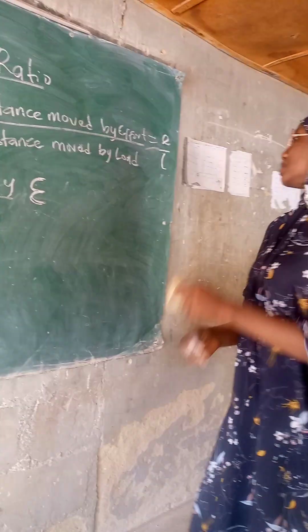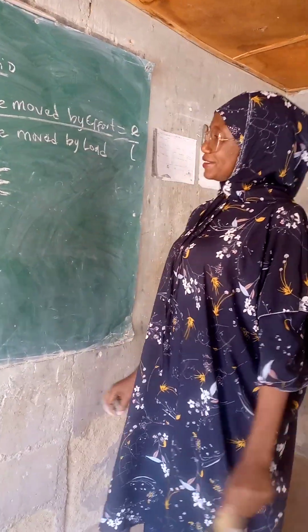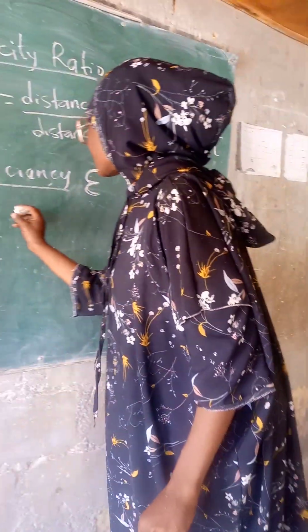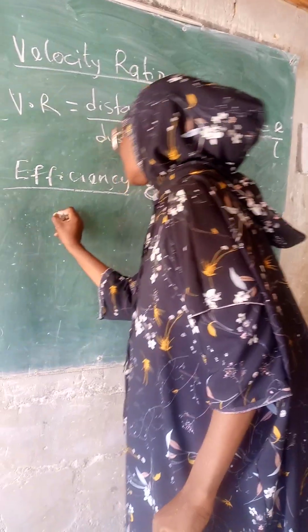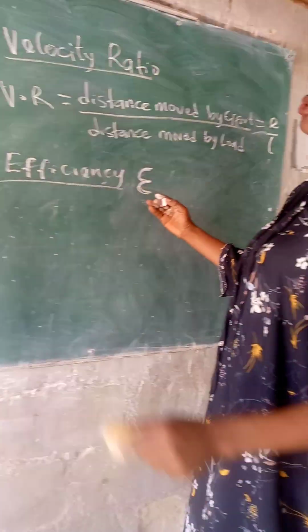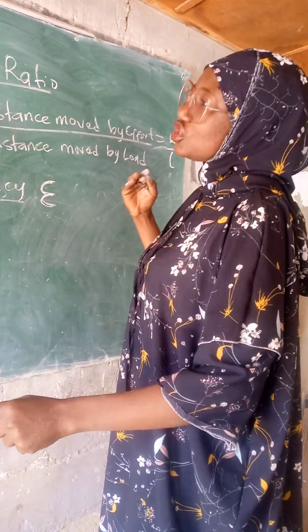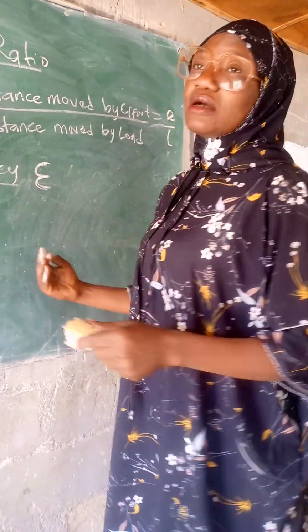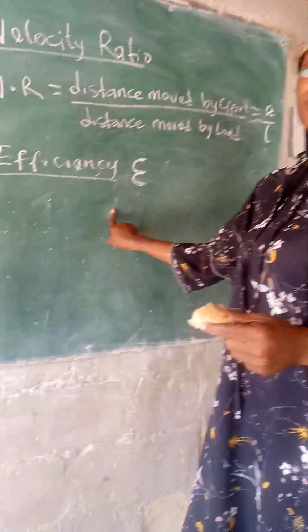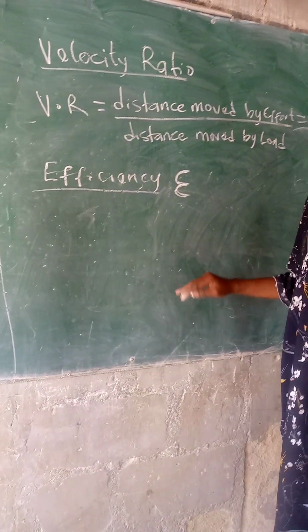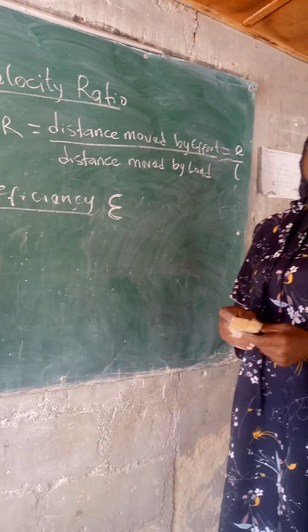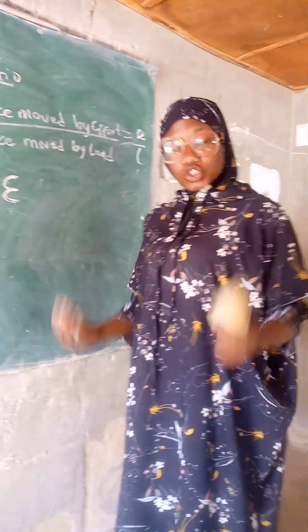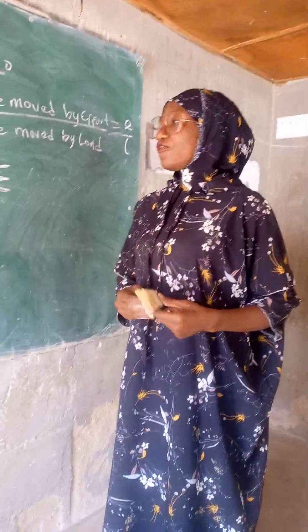Now efficiency gives us the relationship between mechanical advantage, velocity ratio, and efficiency. Okay, there is no machine that is 100% efficient, and that's because of what? The friction between the moving parts.